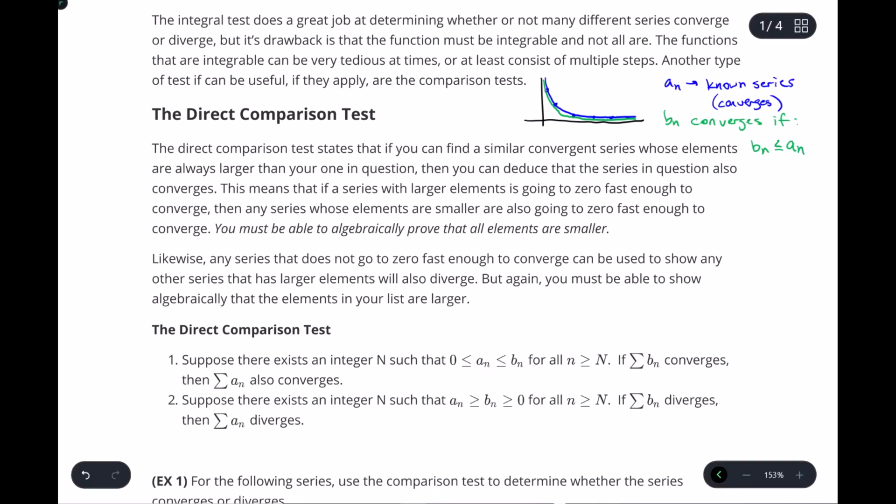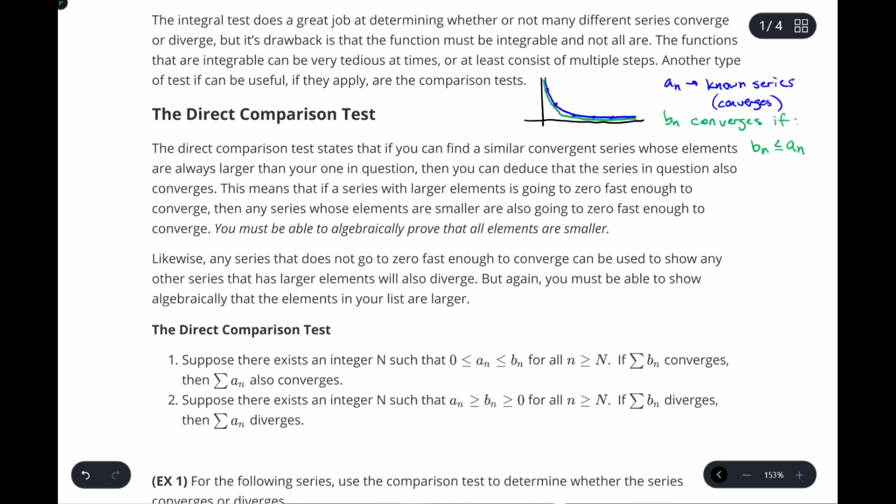Now, what happens if b sub n happens to be larger? Well, we can't really draw any conclusions, because if a sub n converges but b sub n is larger than that, it doesn't really tell us if b sub n is going to 0 fast enough to converge. So this is the only way it works here.